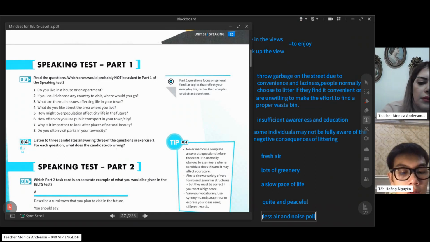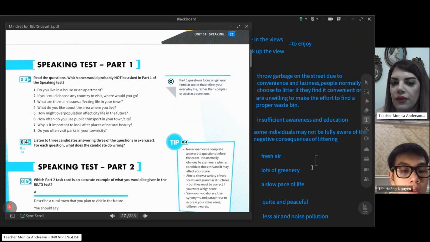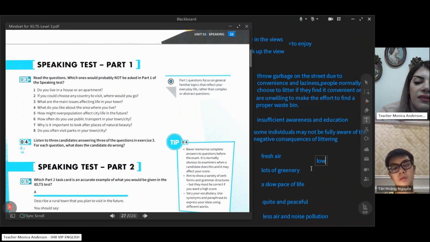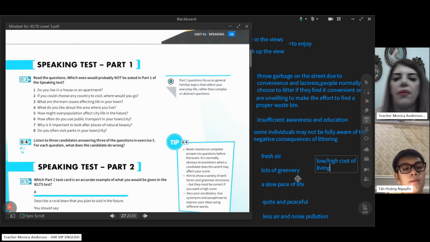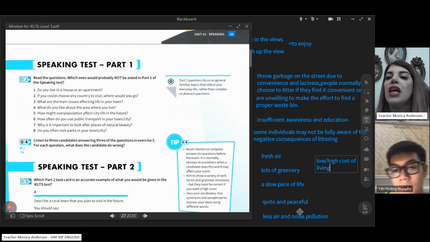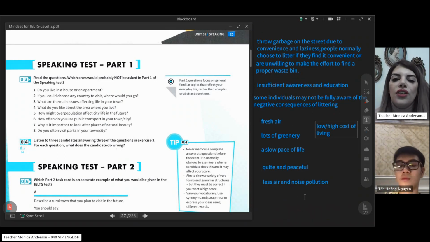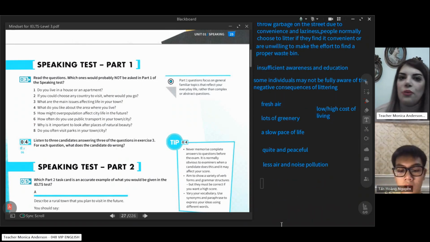And the last one that you can mention, low or high cost of living. Something that you can mention. And the other points, especially about negative points.